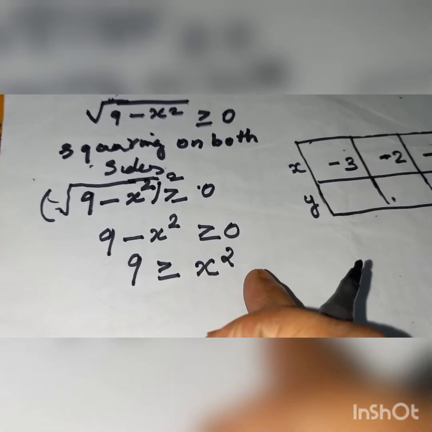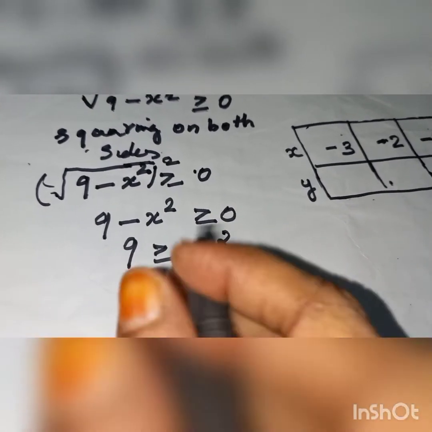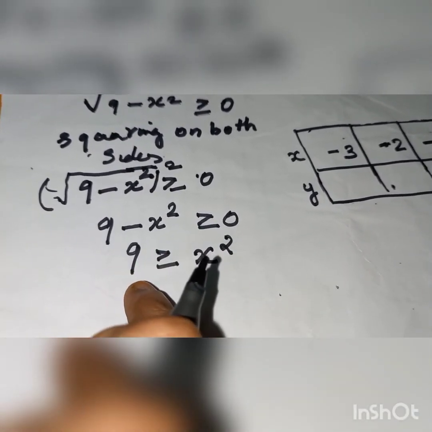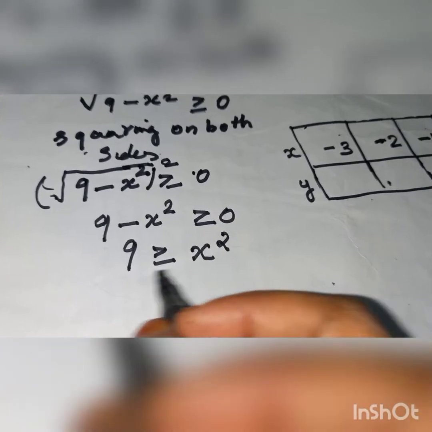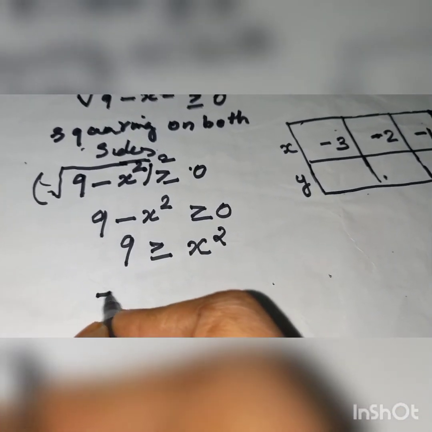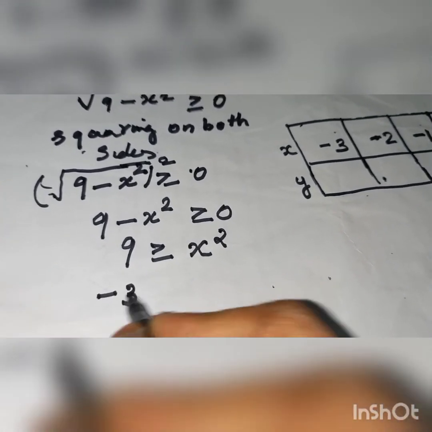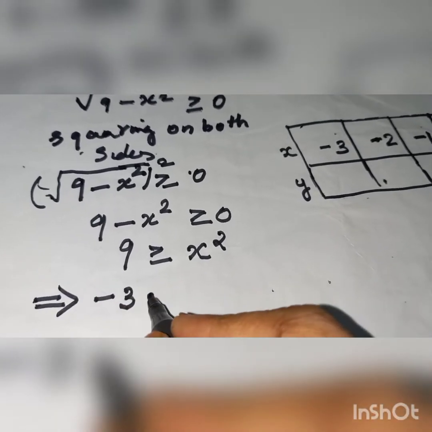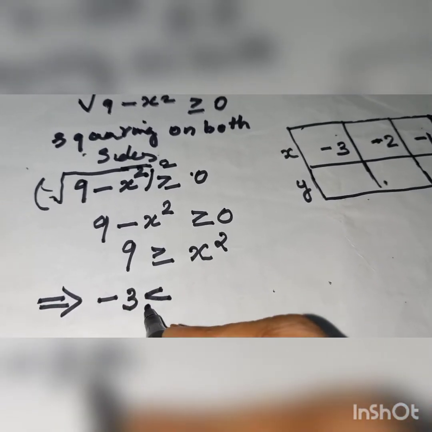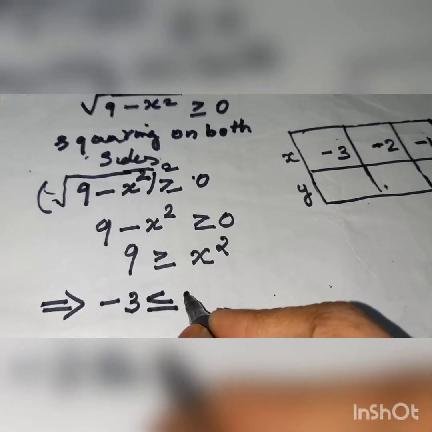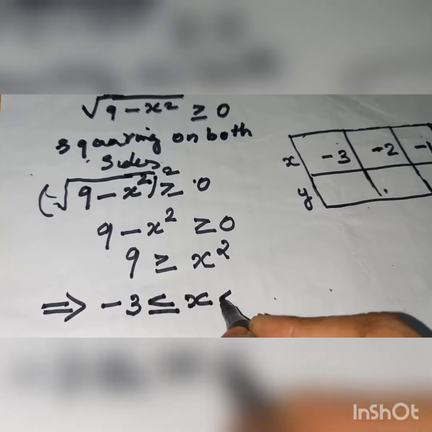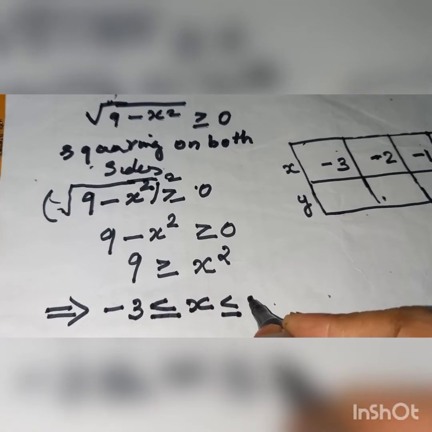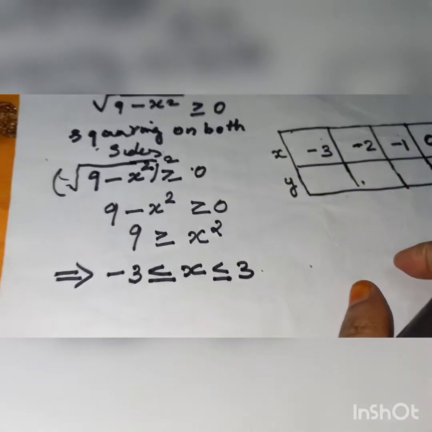X is equal to plus or minus 3, which implies minus 3 less than or equal to x less than or equal to 3. So this is the value.